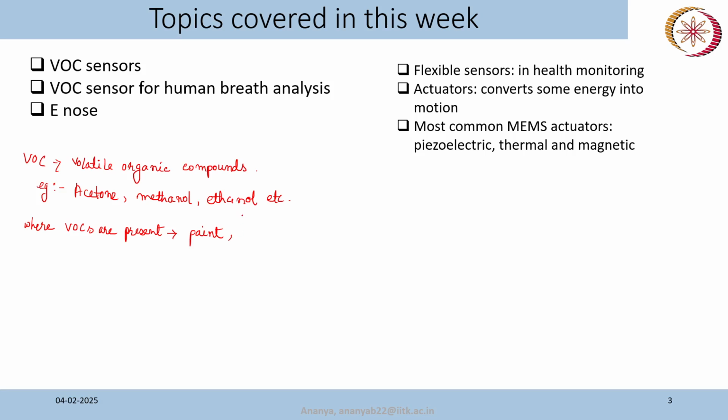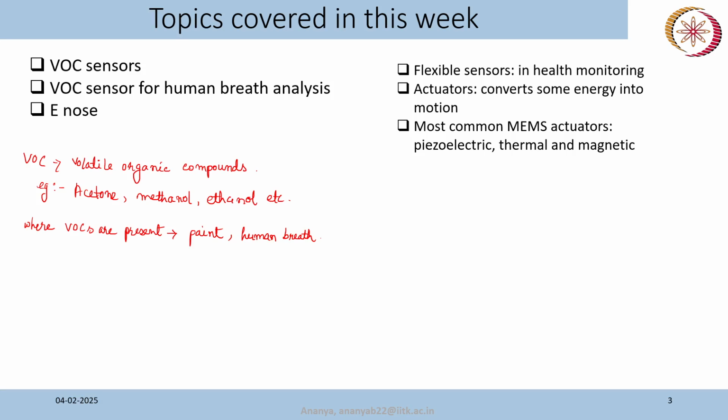And in this course I mostly talk about VOCs present in human breath. Human breath contains a certain amount of VOCs of different concentrations, and based on the analysis of these VOCs, we can get some information about the person, some information about the health of the person.